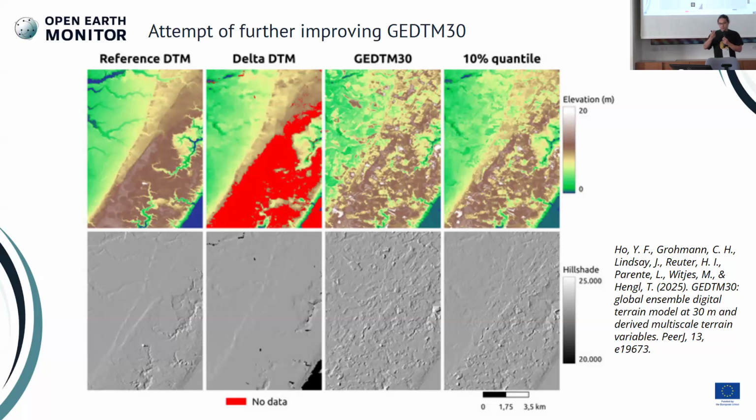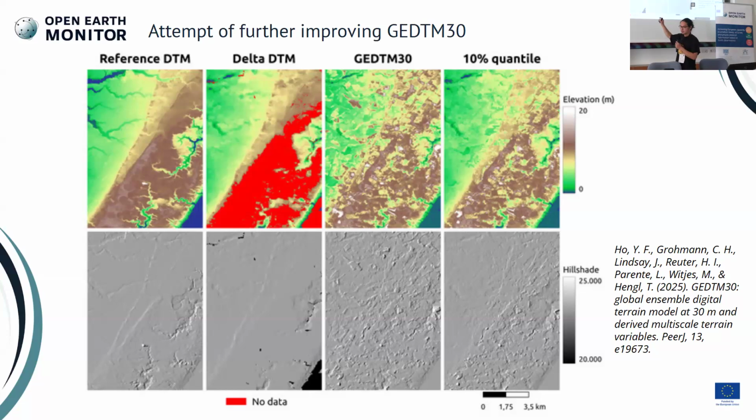And for the next step, we were thinking that, for example, here you can see the reference data. If you see the clean patches, compared with our global EDTM, our model actually didn't perform that well on this area. So we tried to see if we can incorporate other digital terrain models, which are also open source, with open license, but maybe don't cover the whole world.